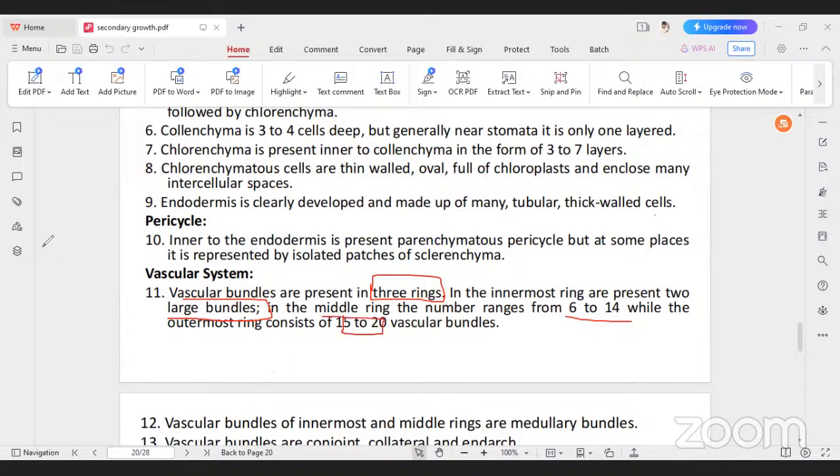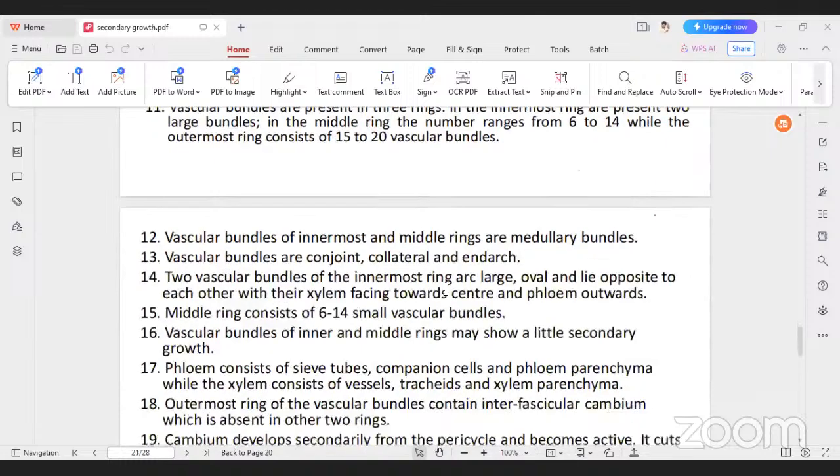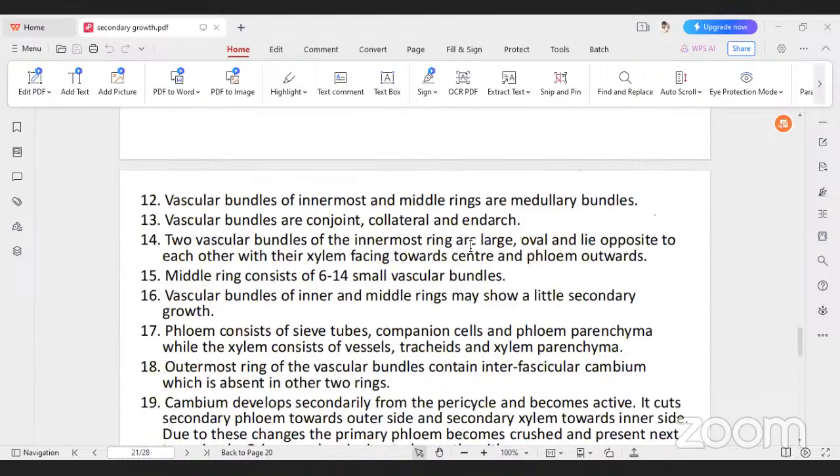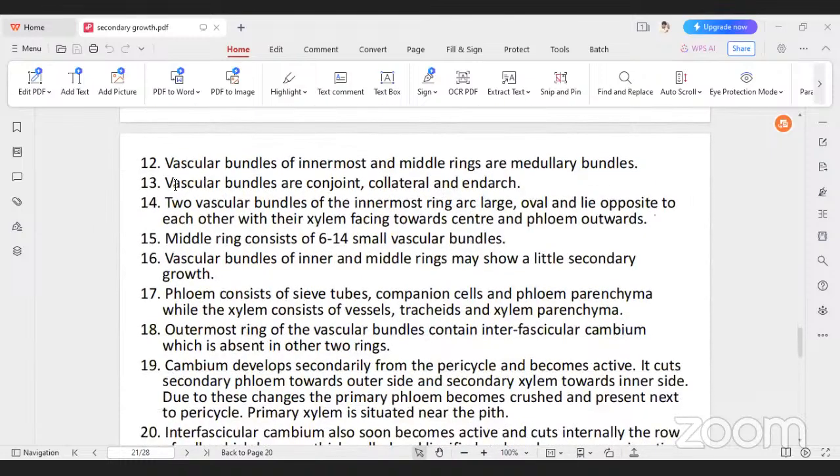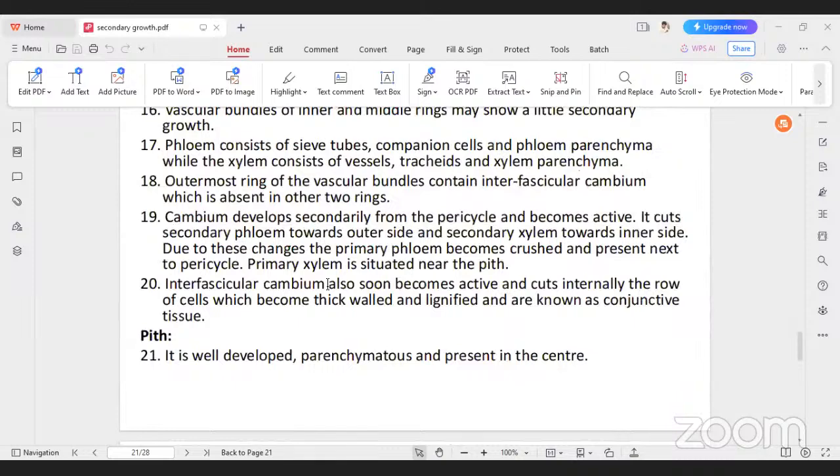The vascular bundles of the innermost and middle rings are medullary bundles. Vascular bundles are conjoint, collateral, endarch, like a dicot stem. The two vascular bundles of the innermost ring are large, oval, and lie opposite each other.